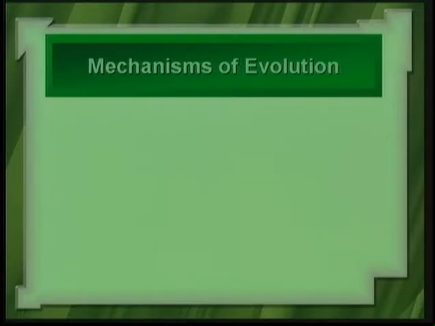Next, we're going to talk about mechanisms of evolution, okay? For one thing, we have a concept known as genetic drift. What is genetic drift? Do you remember from your reading? This is just something you can call randomness.